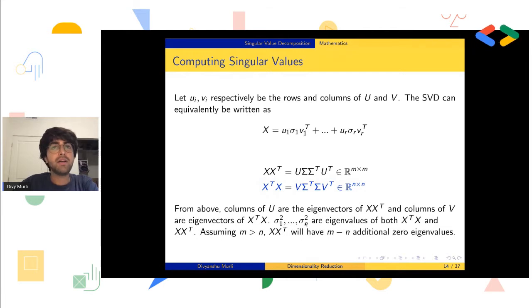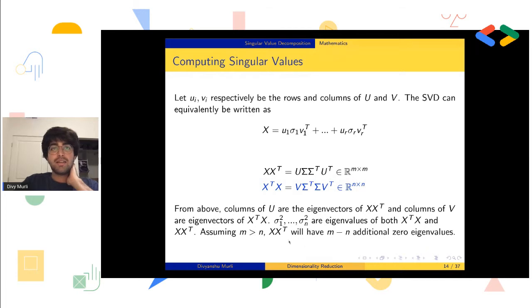And these singular values are the eigenvalues of both X transpose X and X X transpose. And assuming that the number of samples is greater than the number of features, which is the case in many examples, I would like to say most, but I hazard to say that because I could be wrong.